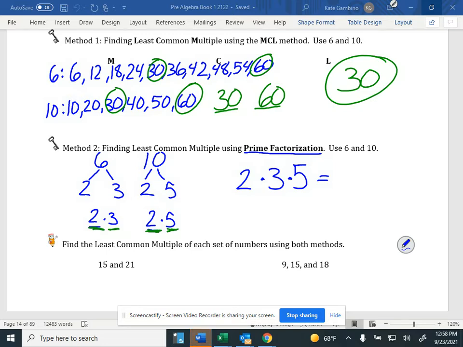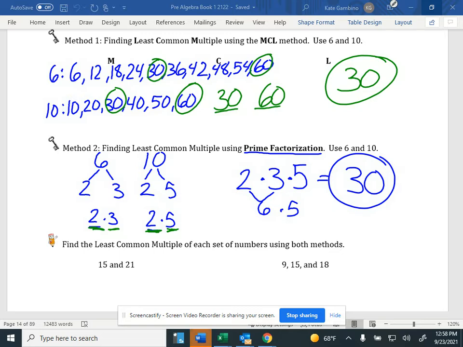So then we need to multiply out the primes. 2 times 3 we know is 6. 6 times 5 is 30. Look at that. Same least common multiple either way.